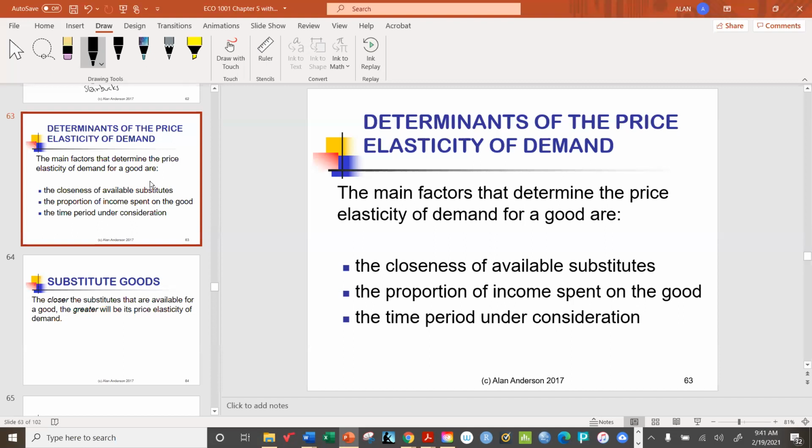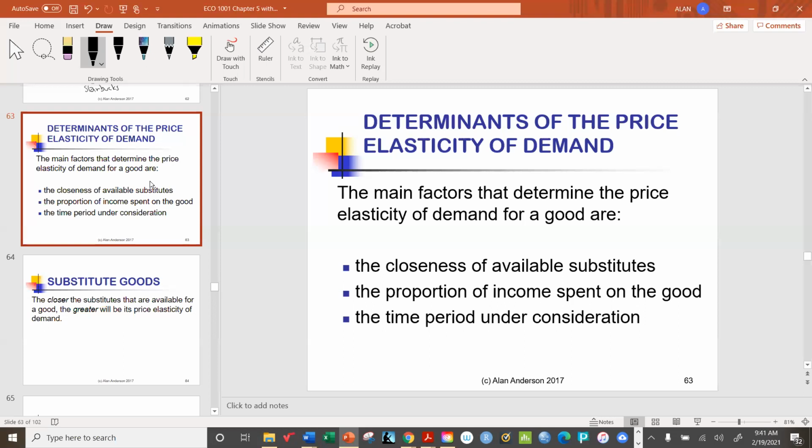Then there's the time period. In economics, we often make a distinction between the short run and the long run, because behavior can be different in two different time frames. Like I mentioned with the gas example, in the short run, if you go to the gas station tomorrow and the price is double, you're going to be upset, but there's not a whole lot you can do about it. But in the long run, what can you do?